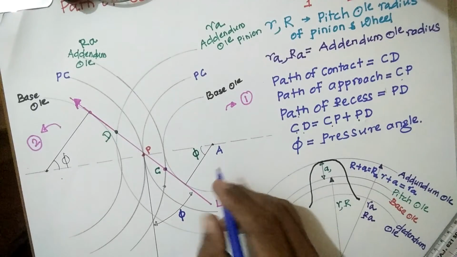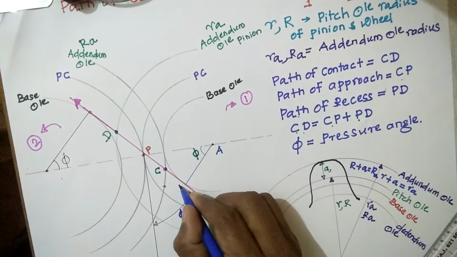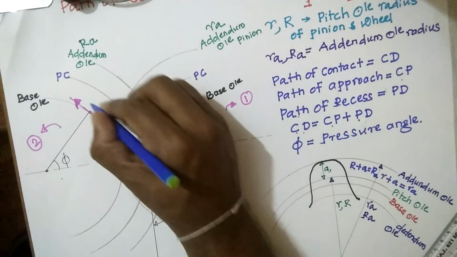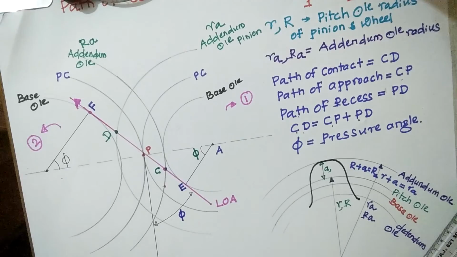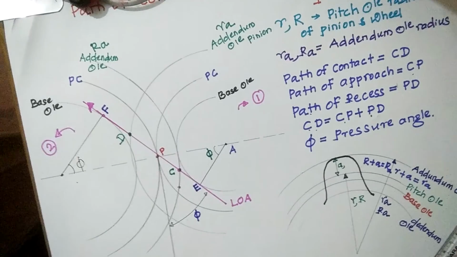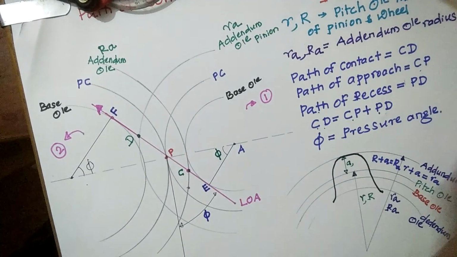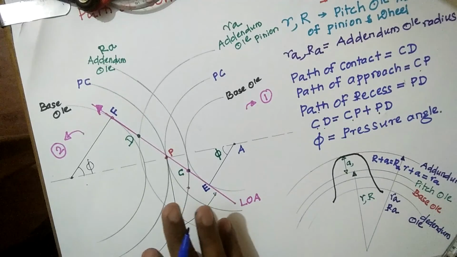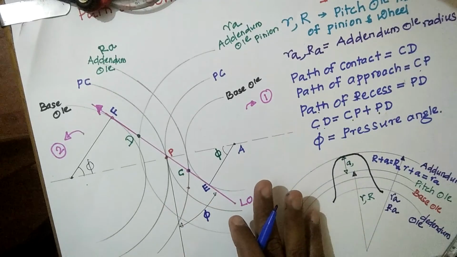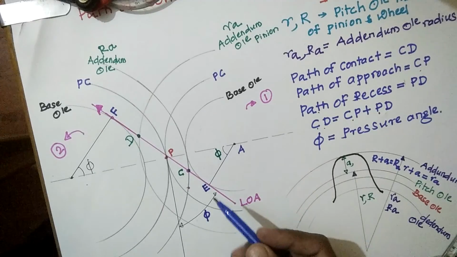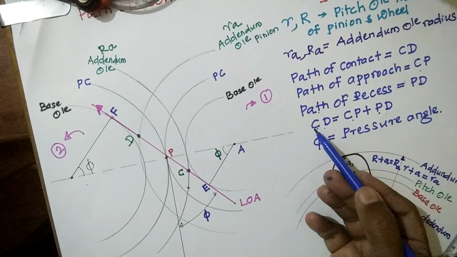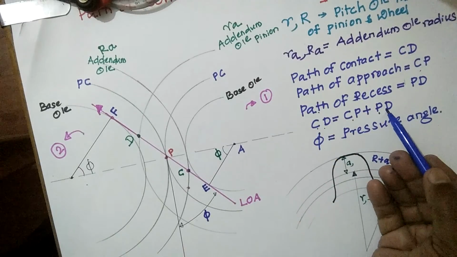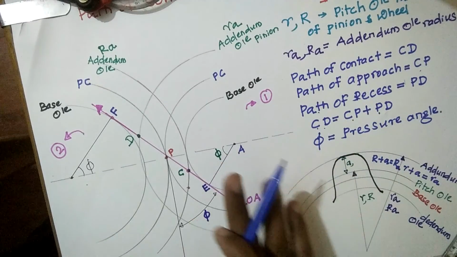This I'll represent as the line of action E F. Okay, this is an important figure. You have to remember this one. All the derivation is based on this only. That is path of contact, path of approach, path of recess, CD equal to CP plus PD. I hope that you got it. I stop here only.